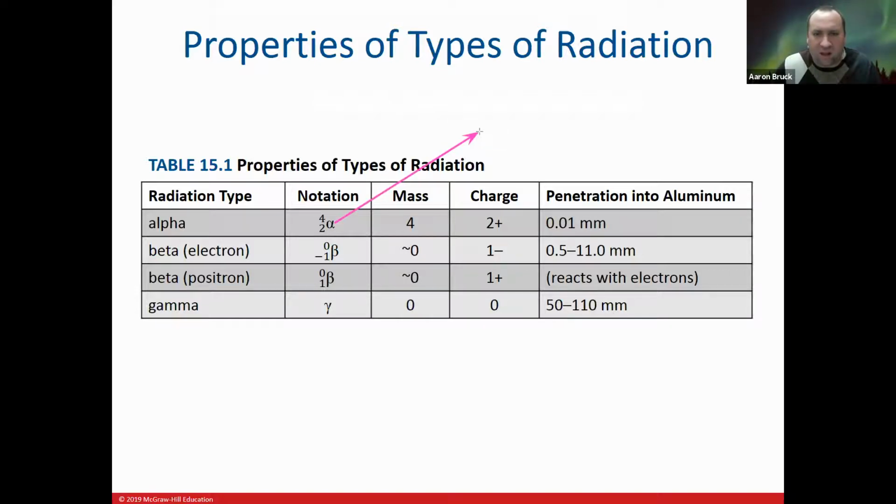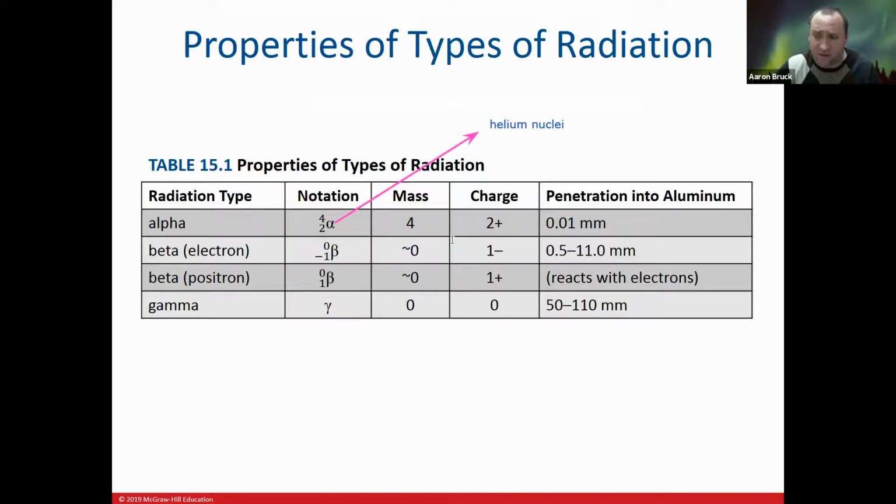another way that we can look at this is thinking of them as helium nuclei. So if I take a helium atom, 2 protons, 2 neutrons, 2 electrons, take away those 2 electrons, and just the 2 protons and the 2 neutrons, that would be an alpha particle.